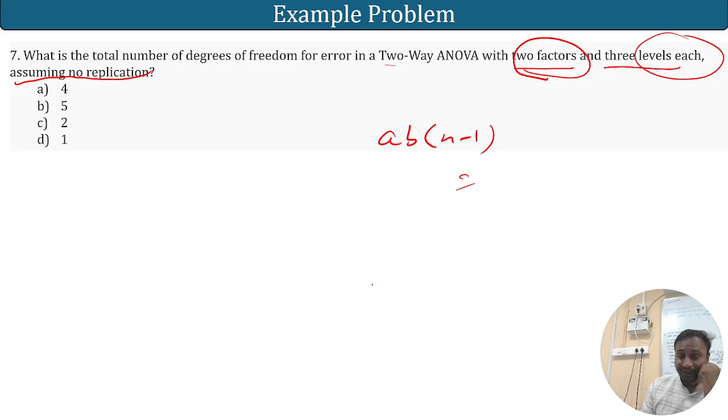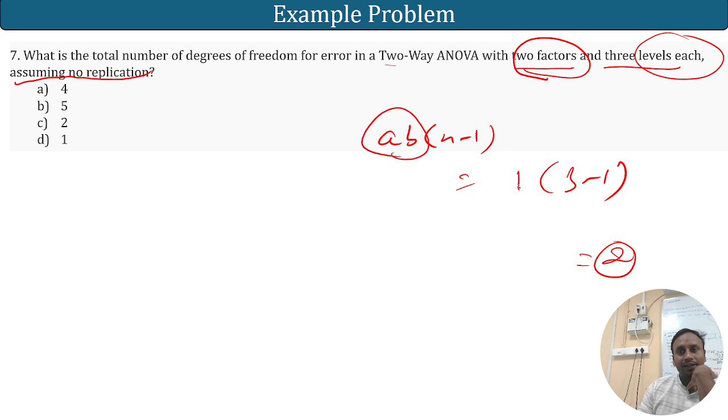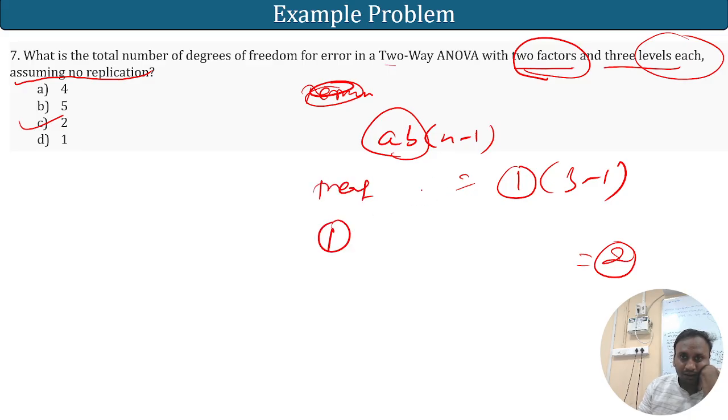This question is actually incomplete. How? 3 into... it comes to 2. Let's say we complete this as a 1, so this 2 will be the option, I think. Can we say like not this? Is it clear, sir? Because let's say I'm talking about treatment one method and drug one method.